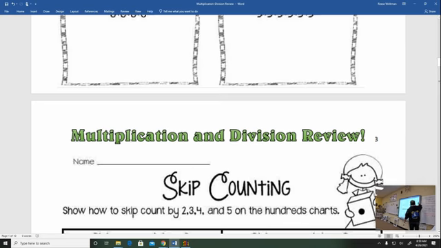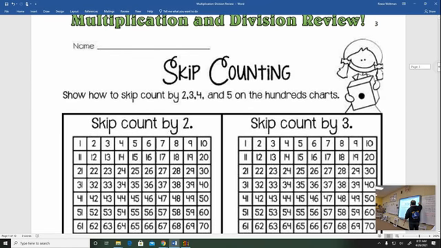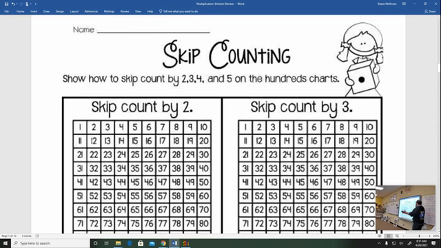Okay? Everybody take a look at the next page. Skip counting. Skip counting, you guys know this one. But look at what the instructions say. It says show how to skip count by 2, 3, 4, and 5 on the hundreds charts below. So here's what you're going to do.